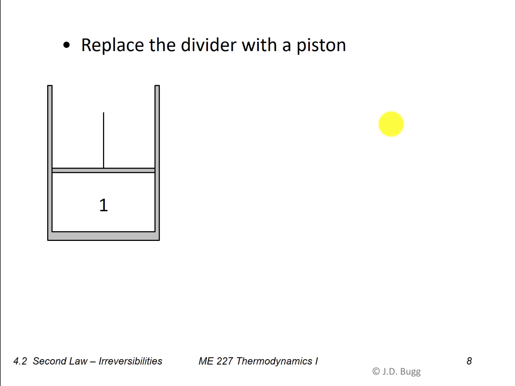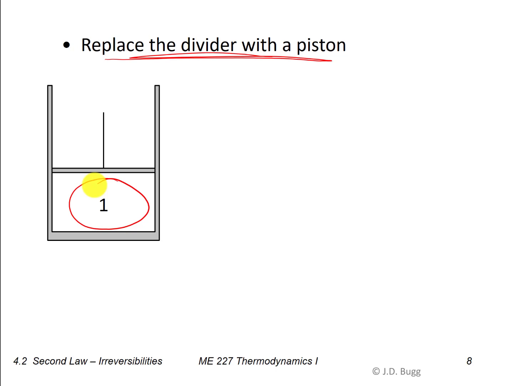Now, we're going to take a look at essentially exactly the same situation or the same process as far as the gas is concerned, but we're just going to change the configuration here a little. Instead of having a container with a divider in it, I'm going to replace that divider with a piston. So as far as this gas is concerned, it's at exactly the same state as the original configuration.